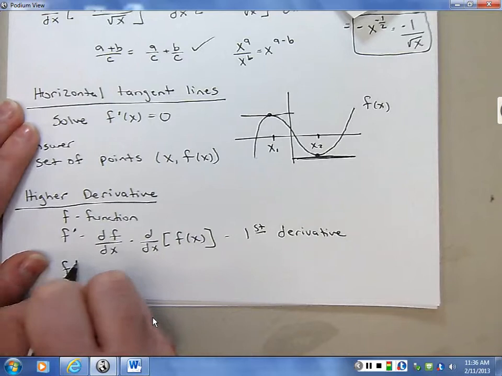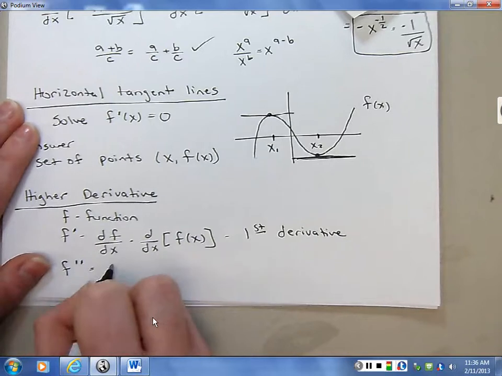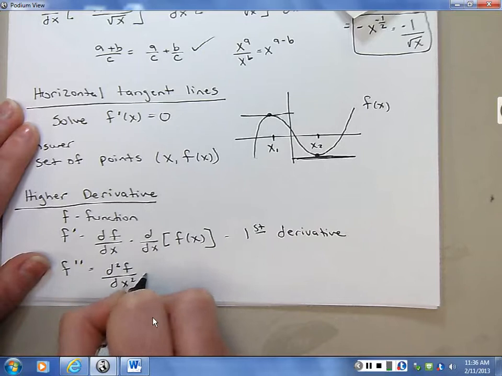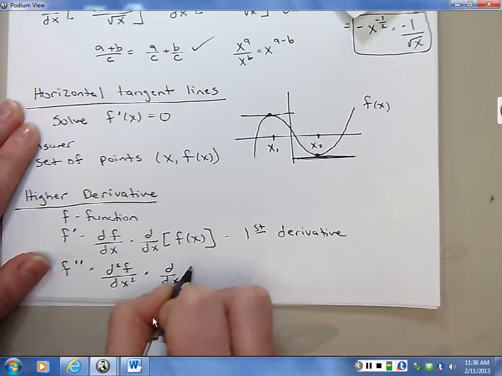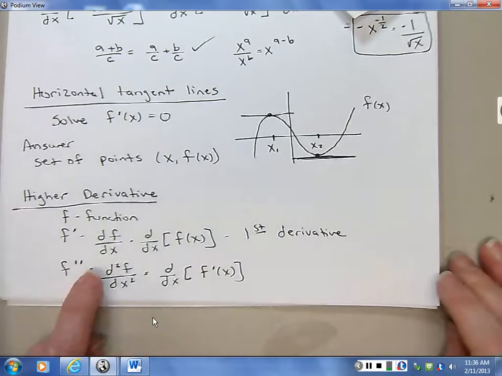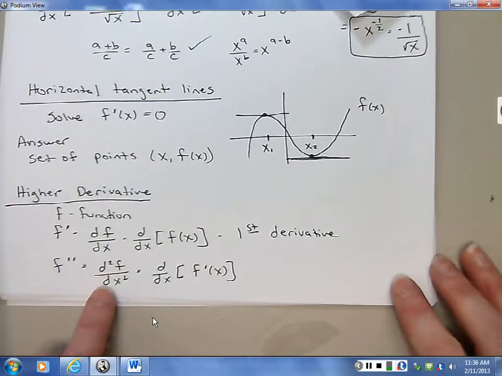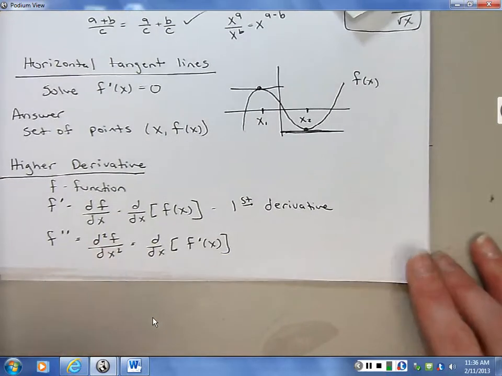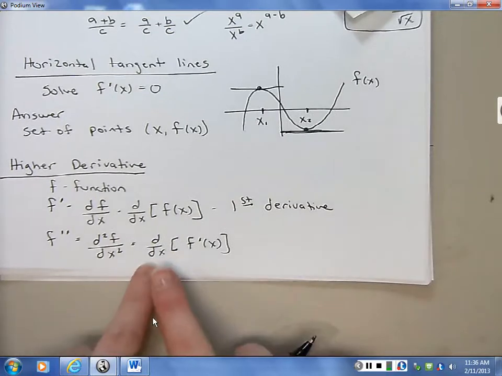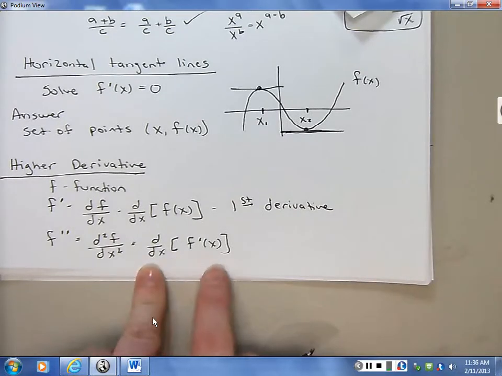F double prime, that might be the derivative with respect to x of the derivative. And it's written d2f over dx squared. So I'm taking the derivative of this function with respect to x twice. You can think about that as differentiating the first derivative.